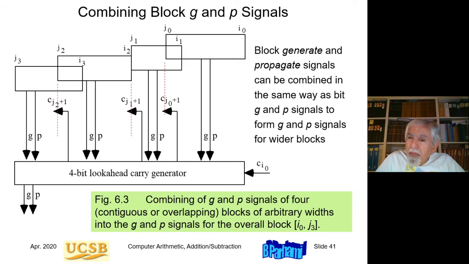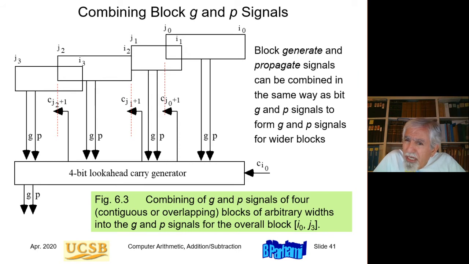And if you compute the P and G signals for these overlapping blocks, then you can still combine them in the same way and find those carries that I show there. So the intermediate carries are not into the blocks, but into the non-overlapped part of the block.